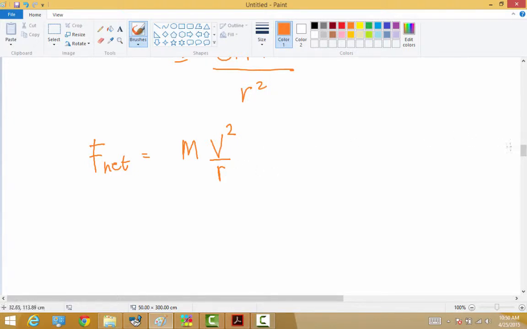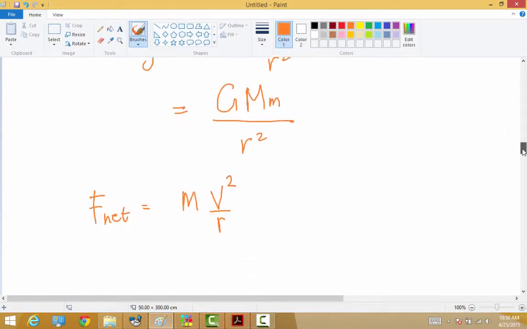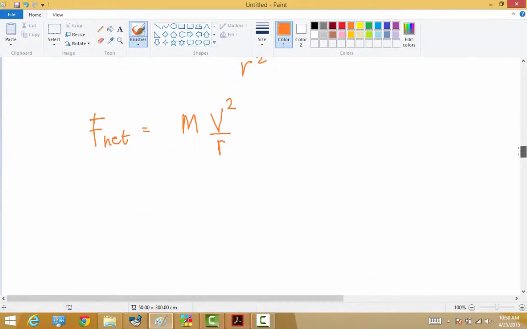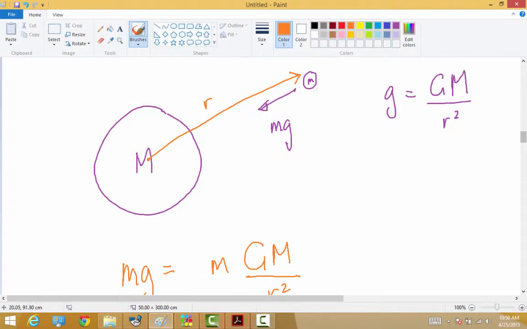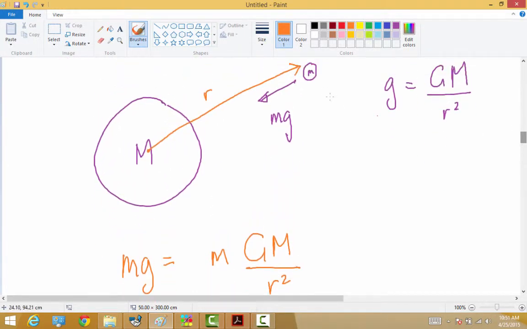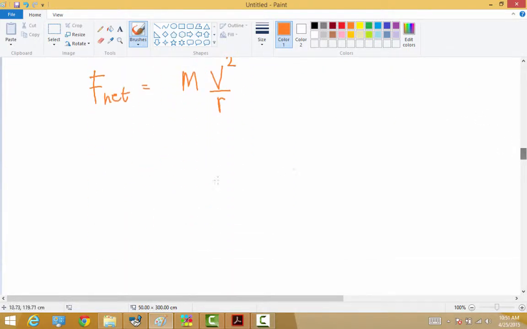And r, again, is the radius from the center of the larger body to the satellite. Now if we said that it takes a certain time for the satellite to orbit the larger body once, this we call the period, or the time taken. The time taken to go around once, to make one revolution, is called the period.